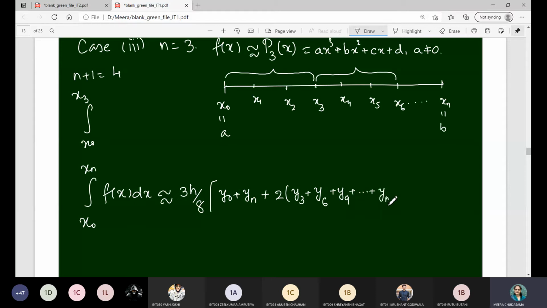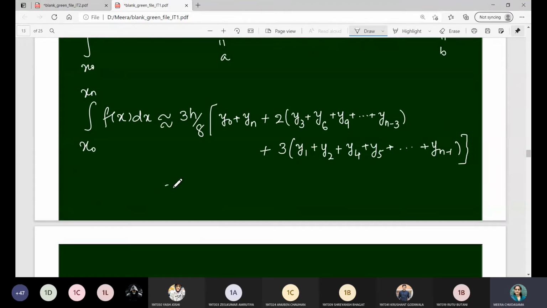So it goes up to yn minus 3, right? And then 3 times all remaining values. Since y0 and y3 have come, and y1, y2 have already come, the next quantities will be y4, y5, which have not come yet, so where will it go? It will go up to yn minus 1.